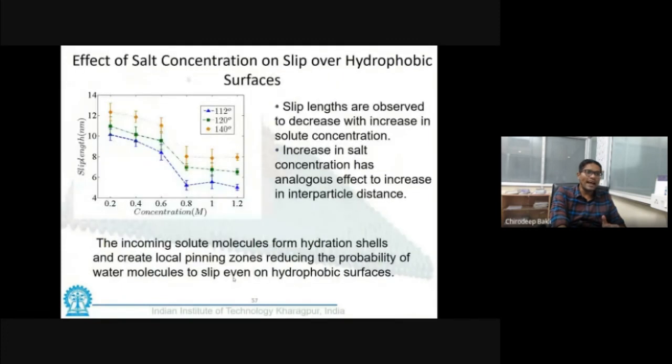Similarly, we can add a little salt to obtain a surface which has artificial pinning zones. So water gets an opportunity to slip on artificial locations, and hence our slip length decreases with increase of concentration.